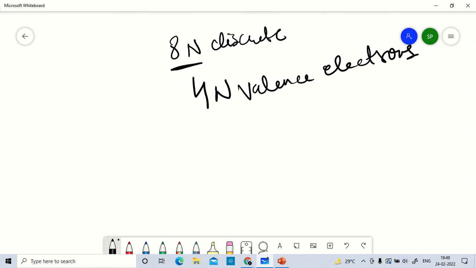Now these 8n discrete levels can either form a continuous band or different bands depending on the distance between atoms in the crystal. For the time being we are saying that all 8n come in the valence band, and out of that we have 4n valence electrons.